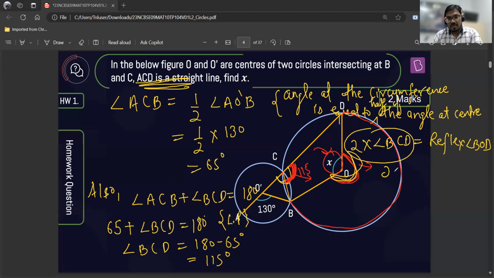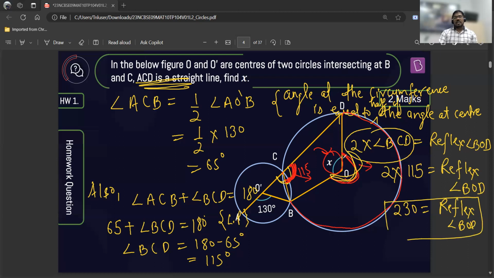So 2 into 115 is equal to reflex BOD. That means 230 is equal to reflex angle BOD.